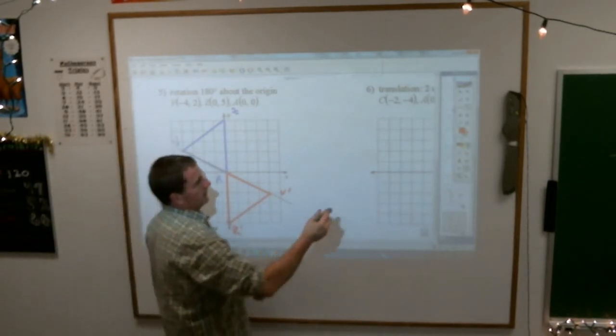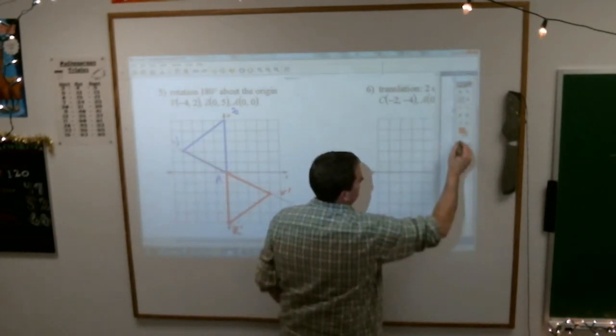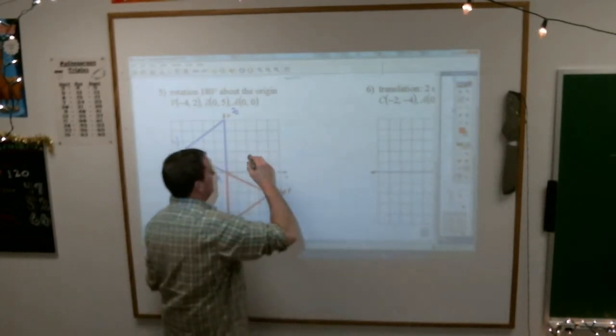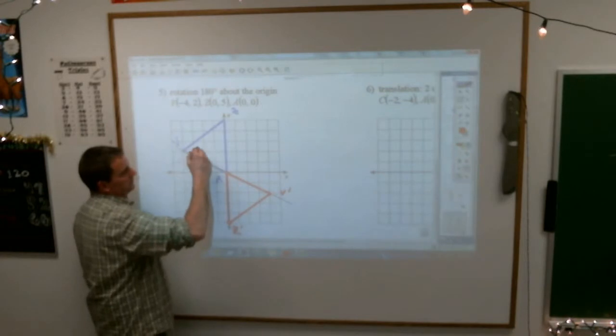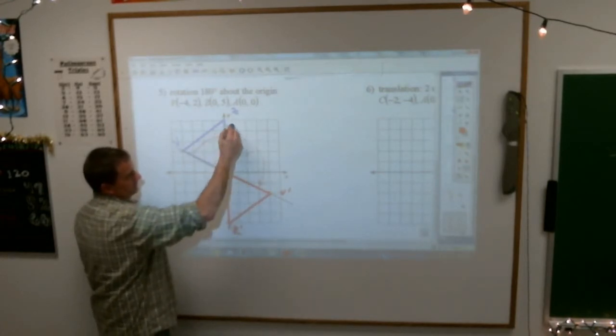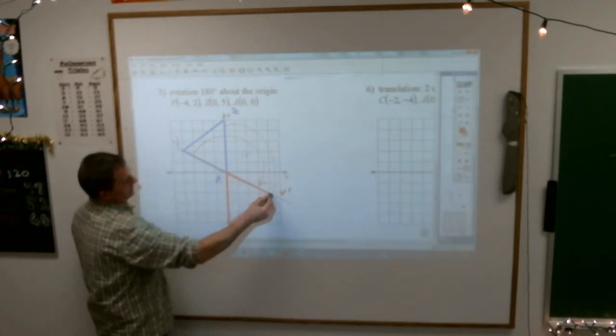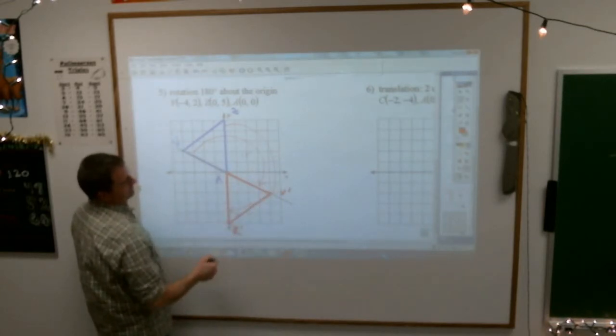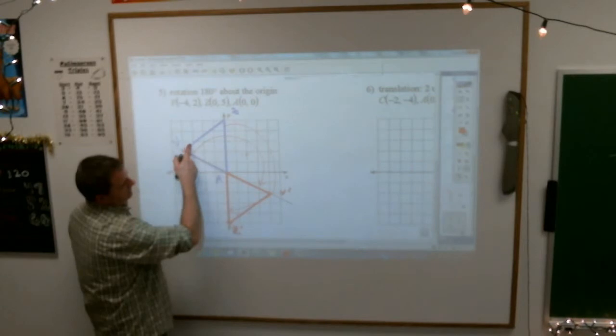See how everything has rotated. Everything has rotated 180 degrees. This formed a straight 180 degrees there. This one formed 180 degrees here. And what other line? This one here.